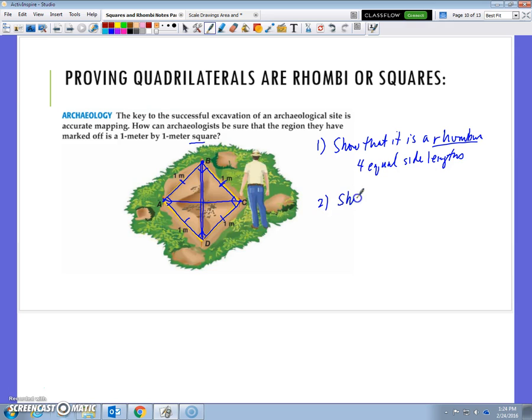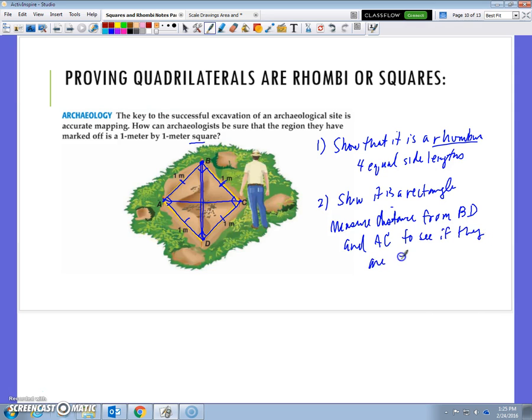Now I also have to show that it is a rectangle. To do that, I just need to measure this diagonal against the other diagonal. I need to measure the distance from B to D and A to C, and see if they are congruent.